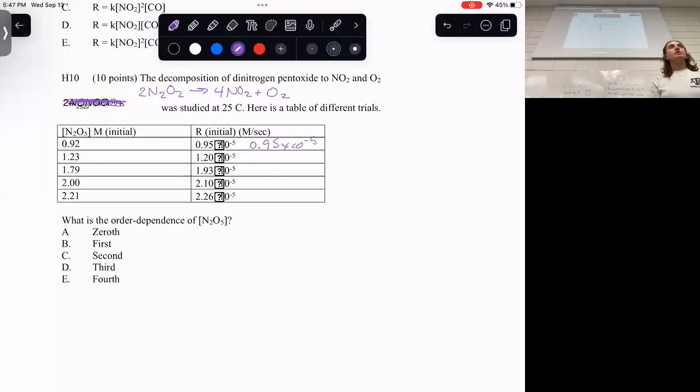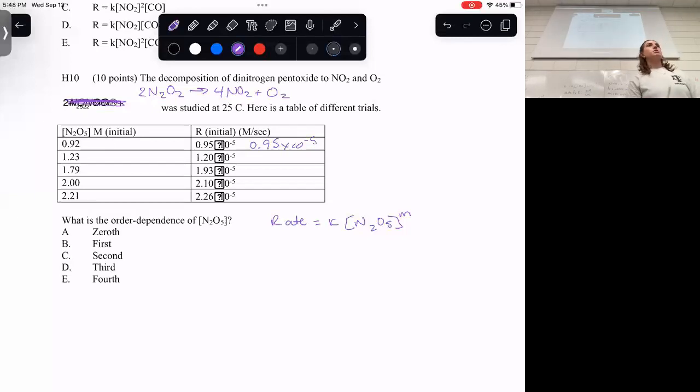We're going to experimentally determine the order of this reaction. So you're going to set up 2 different rate laws. They will both have the same setup, where rate is equal to the rate constant times the concentration to some power.